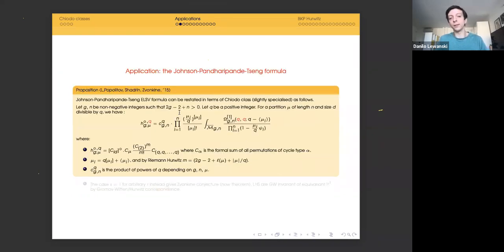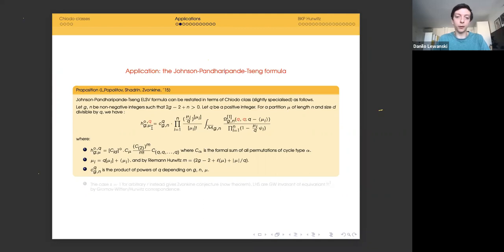And so I don't want to enter too much in the details, but this is just a little bit of examples. If you plug r equal to s, in this case I call it q, this ELSV formula was known to Johnson, Pandharipande, and Tseng, and the numbers that you have on the left-hand side are Hurwitz numbers. So they're counting covers of the sphere with prescribed ramification over 0 given by the partition mu.